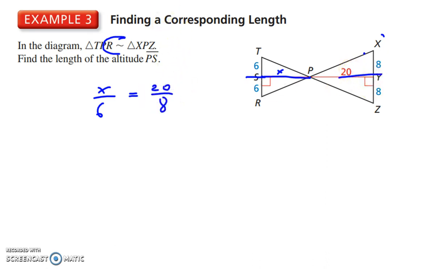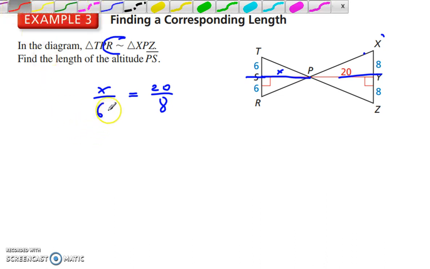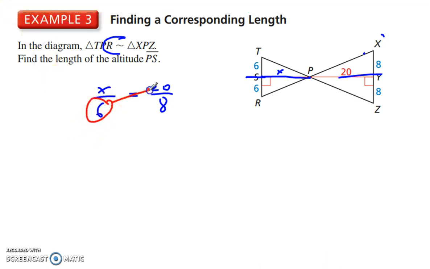Now I'm going to use my super trick that I just showed you. Take the 6, move that up here. That's multiplying by the denominator on both sides. x equals 20 times 6 divided by 8. That's 120 divided by 8, which is 15.